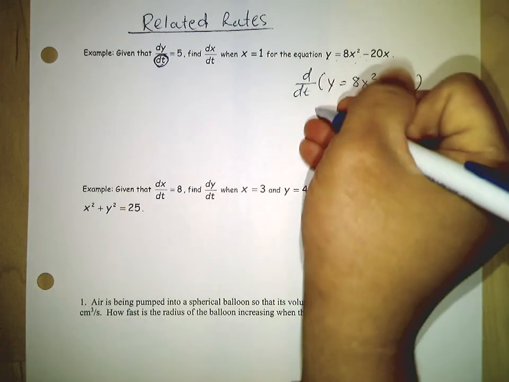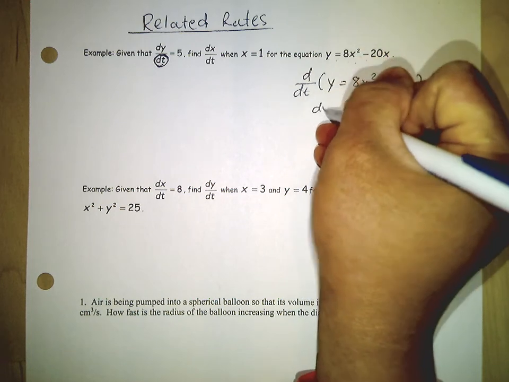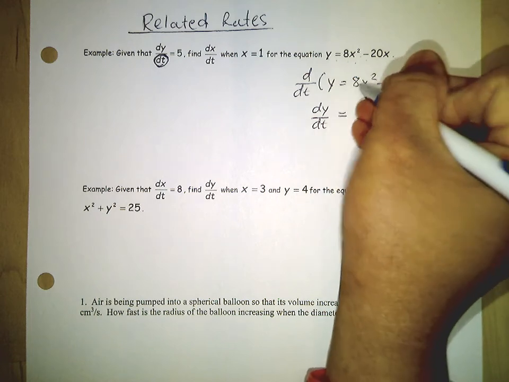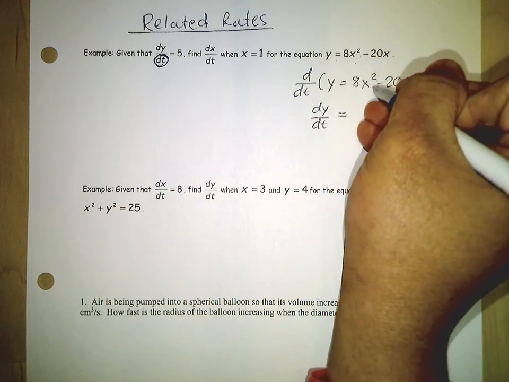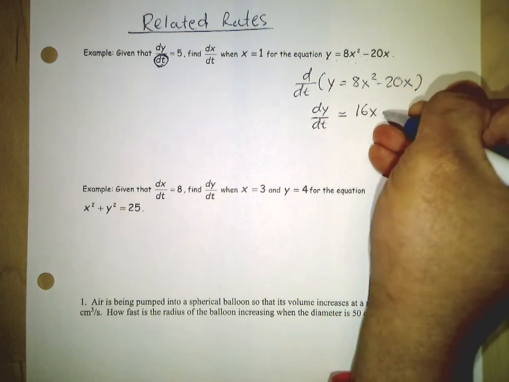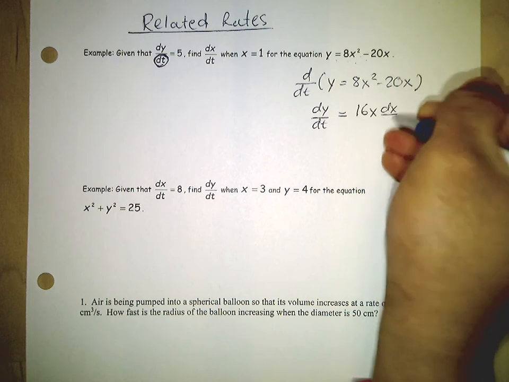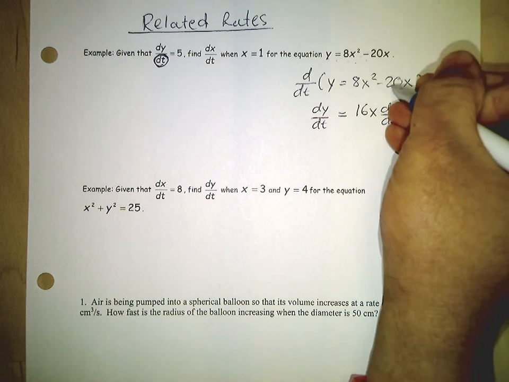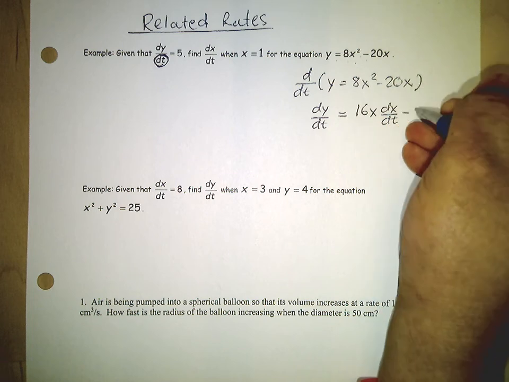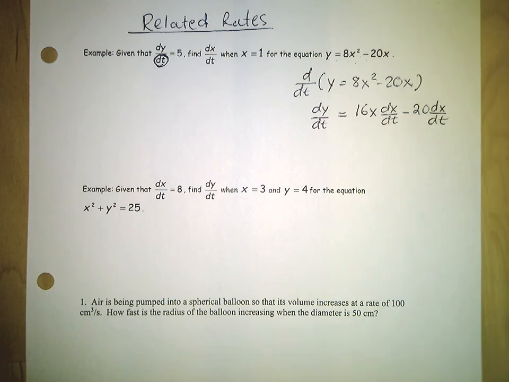The derivative of y with respect to t is dy/dt. The derivative of 8x squared with respect to t is 16x dx/dt, and then the derivative of 20x with respect to t is 20 dx/dt.